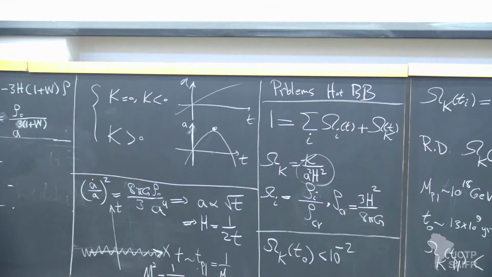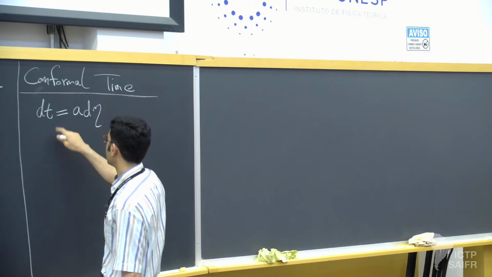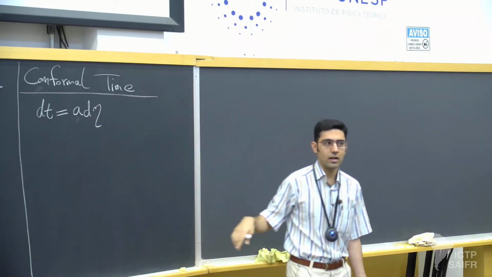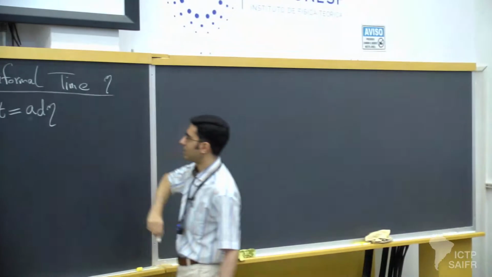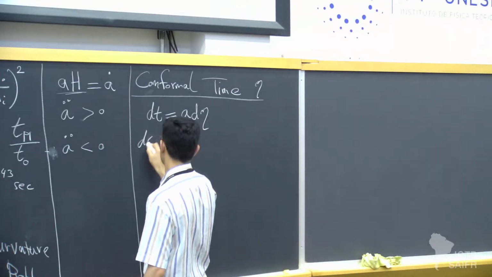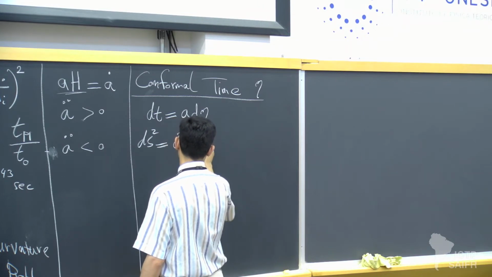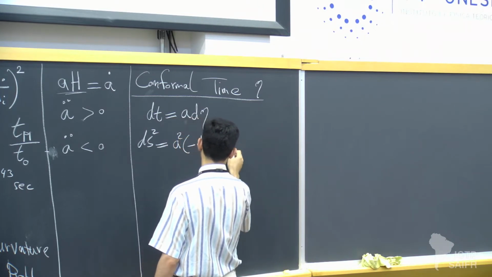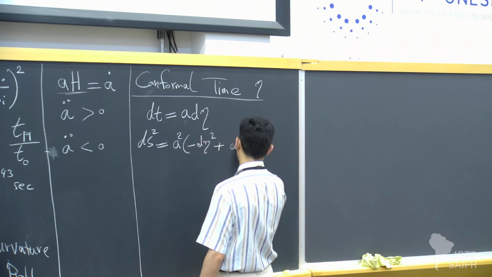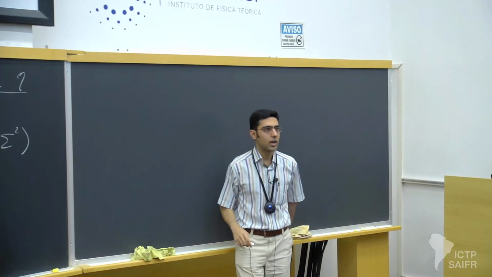Now I'm going to define the conformal time in the following way. I take dt to be a times d eta. So conformal time is eta. And then the form of the metric becomes a squared times minus d eta squared plus the spatial part.